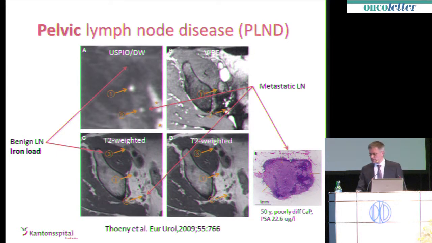And I think this is very illustrative, and so we could actually design our treatments much more accurately. You see on this combined image that the benign lymph node is fully loaded with iron, so there are no tumor cells in there.